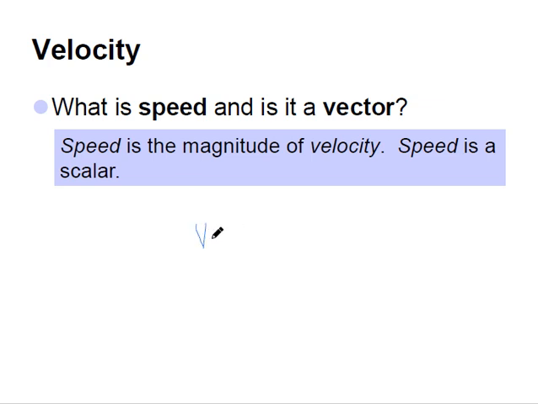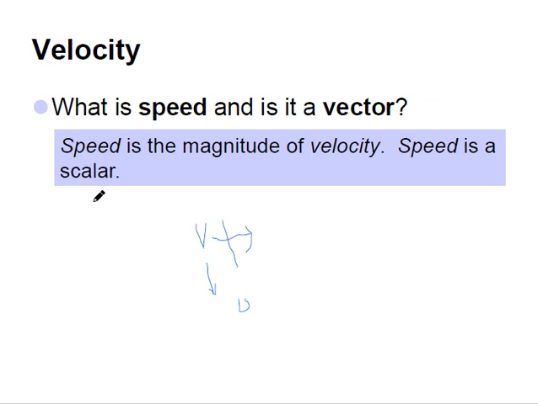So if you want to know the speed, you take the velocity, and we're not going to consider the direction, and you're left with only magnitude. We call it little v like that, and that is going to be your speed. Purely magnitude is your scalar, and we call that speed.